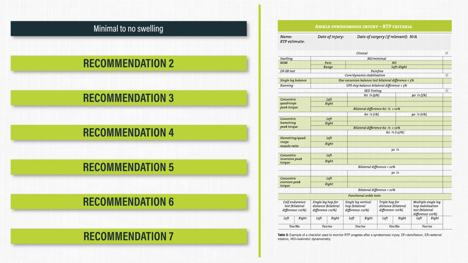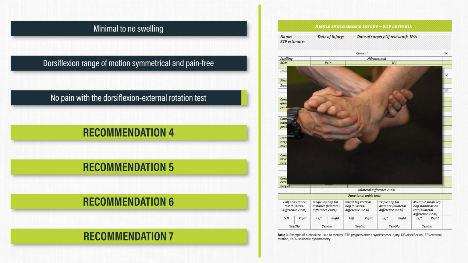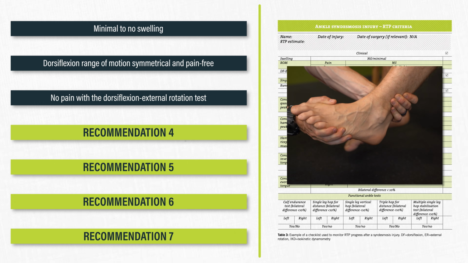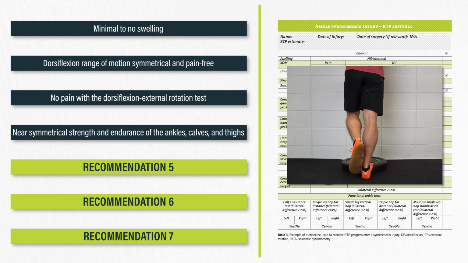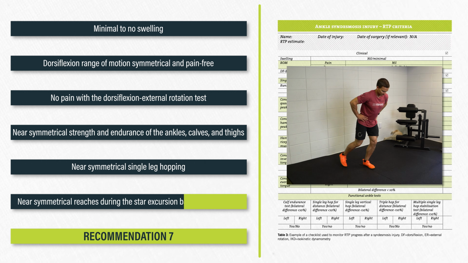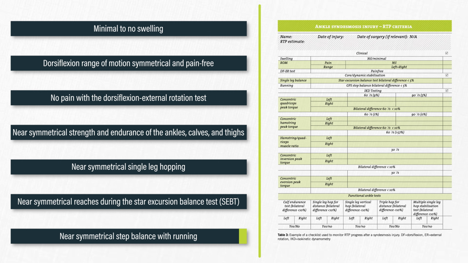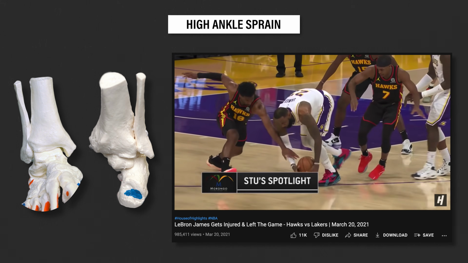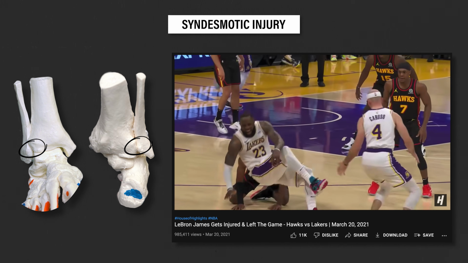Minimal to no swelling, dorsiflexion range of motion symmetrical and pain-free, no pain with the dorsiflexion external rotation test, near symmetrical strength and endurance of the ankles, calves, and thighs, near symmetrical single leg hop for distance, vertical hop, triple hop, and multiple hop stabilization, near symmetrical reaches during the star excursion balance test, and near symmetrical step balance with running.